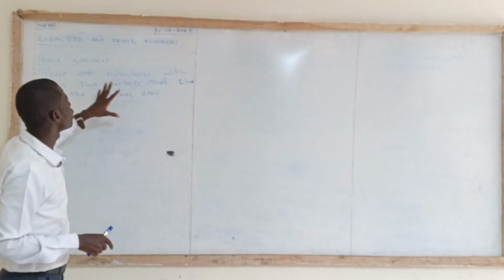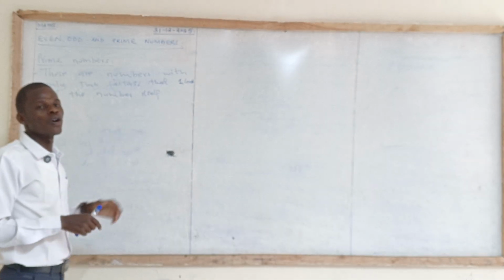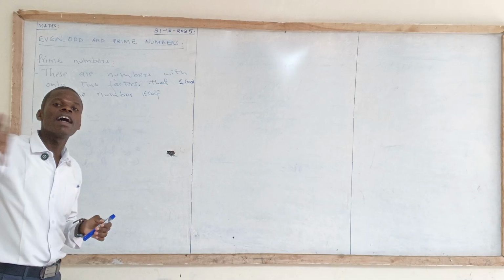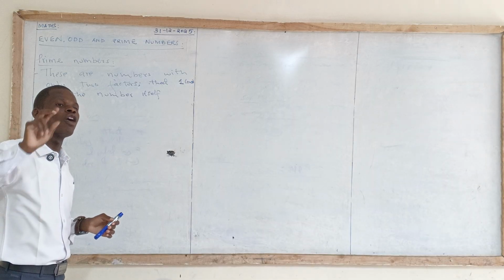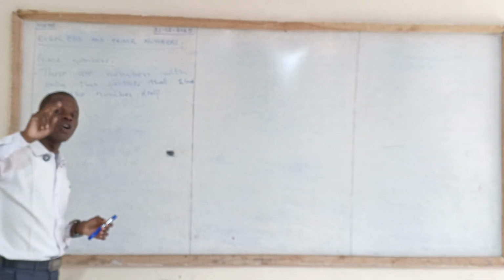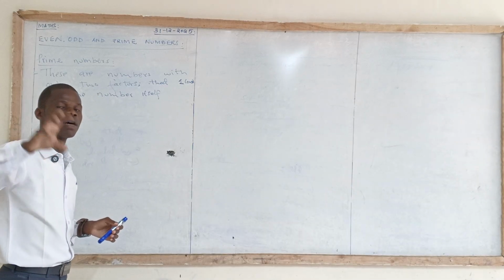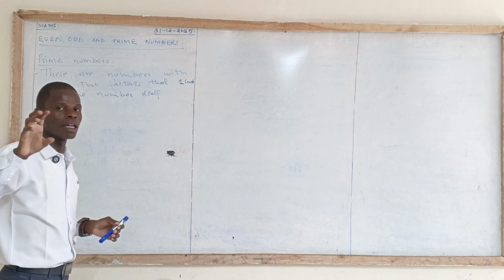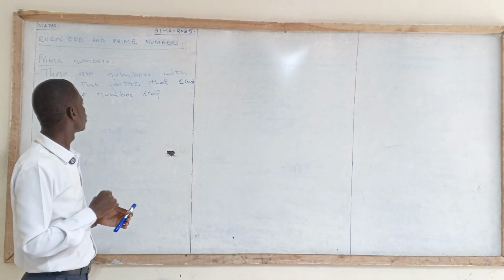We are not interested in other factors. We are interested in numbers with only 2 factors, 1 and the number itself. Those numbers are called prime numbers. Are we together there?